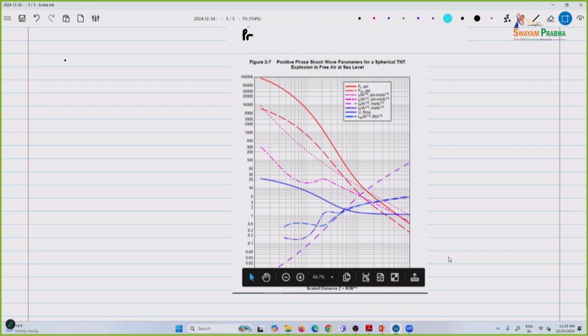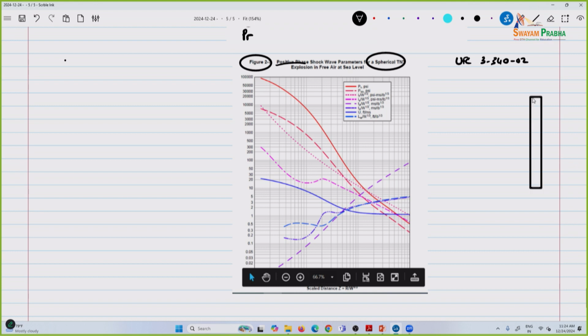This relates to the question that was asked. This is also from the UFC 3-340, and this is the positive phase. There is a separate one for negative phases as well, and these are the parameters for spherical TNT. There is a separate curve for hemispherical TNT.